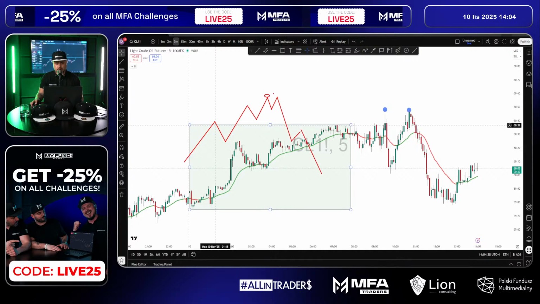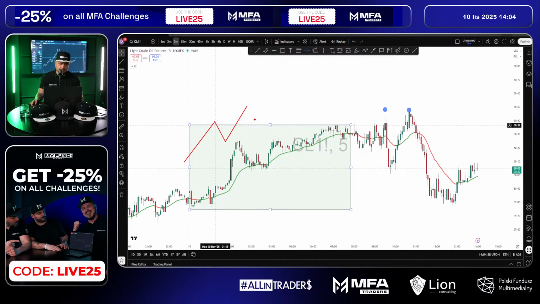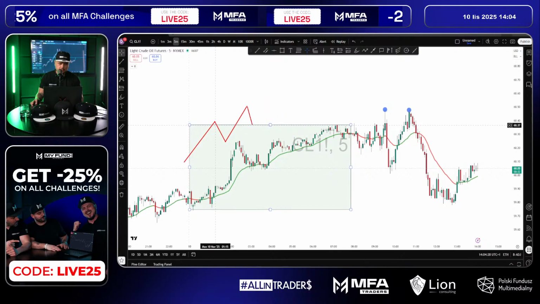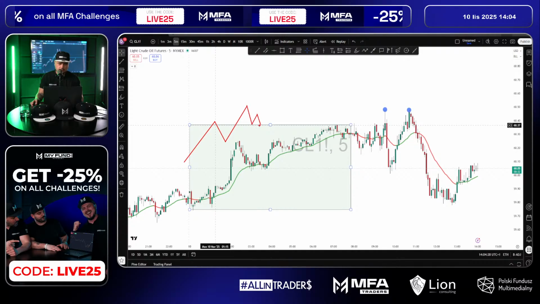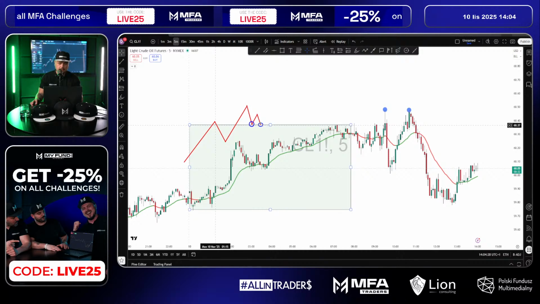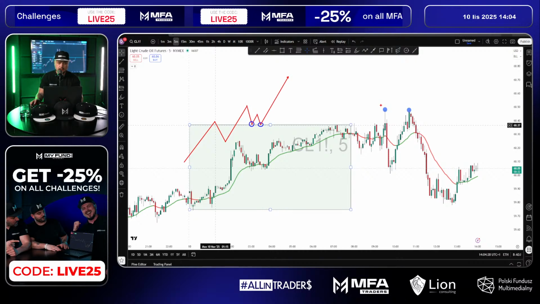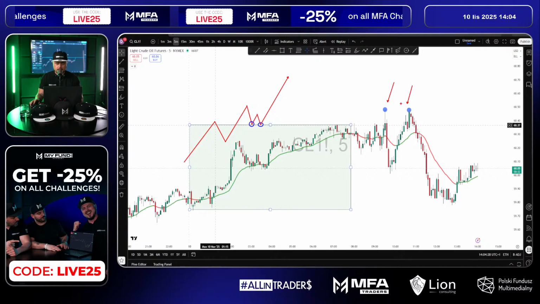But also, if we are in trend day, we can expect continuation of the trend if we got double top or double bottom in this case, and we might see continuation. So we need to look for those things.